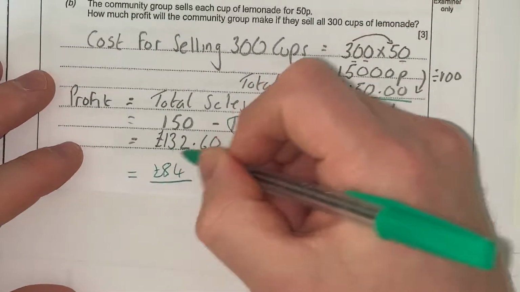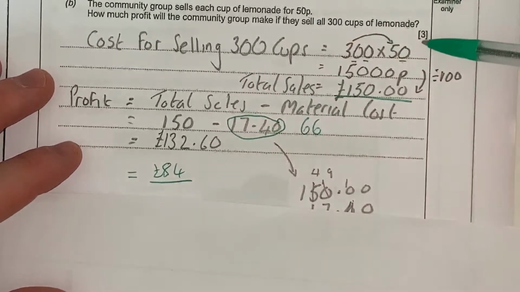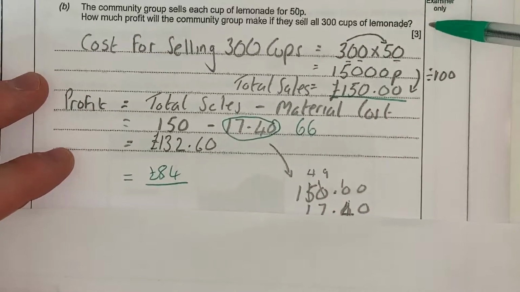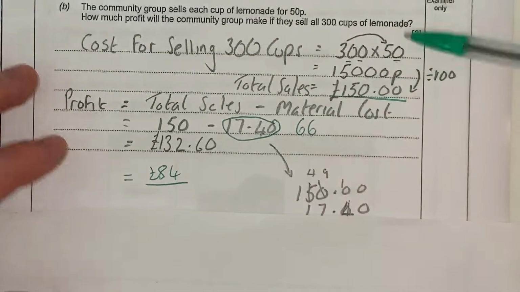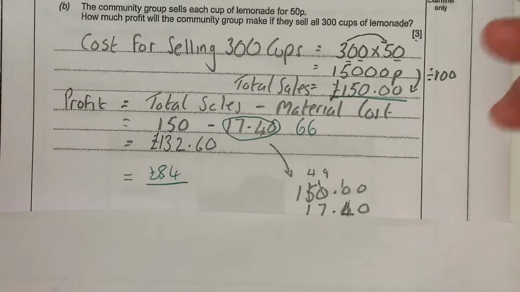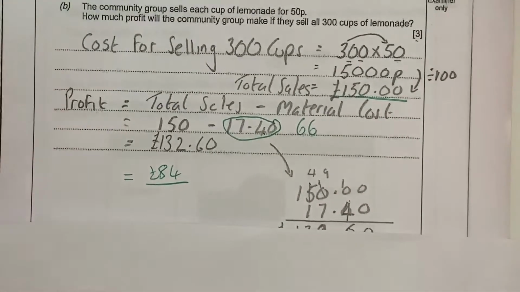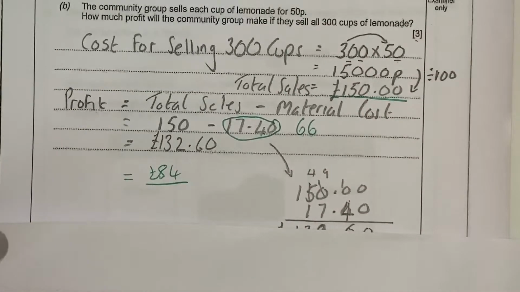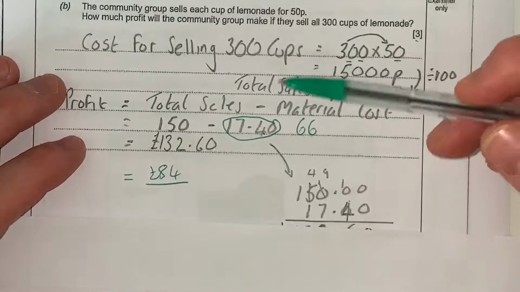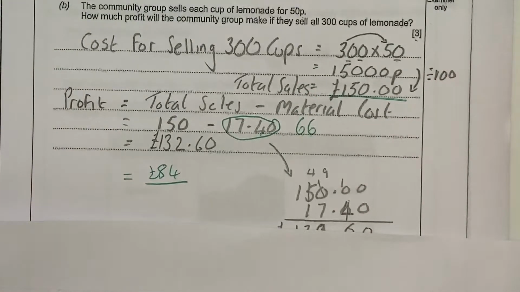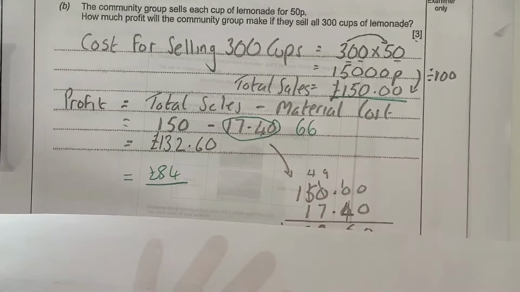Okay, so obviously in this question I would still get 3, even though this was wrong. The mark scheme does give you the 3 marks because your method here is correct and you've used the answer from the previous one. So whatever you had in the previous answer on the previous question, sorry, you've taken that away from 150, you will still get 3 marks even though the number used there is wrong.